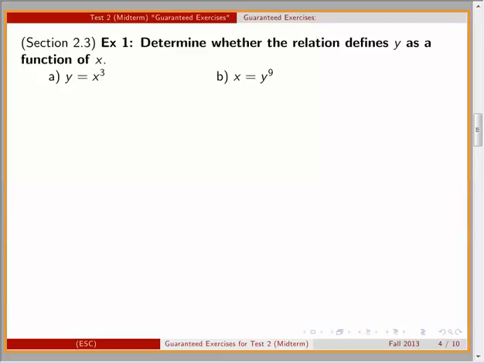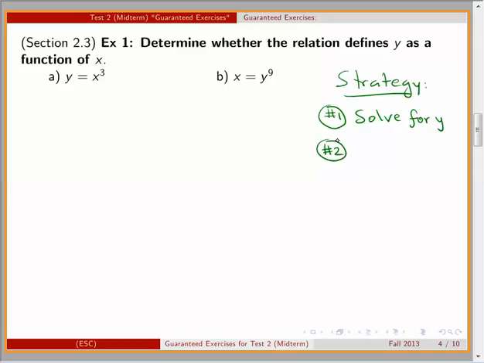Okay, so in this exercise we're gonna find out if an equation is a function. The strategy that we need to apply in this type of exercise is, in step one, we solve the equation for y, and then we look at the formulas for y. If we have one formula for y, then we have a function.